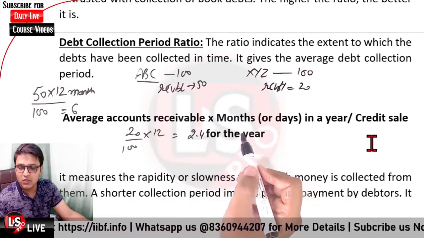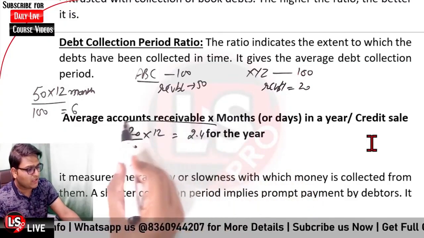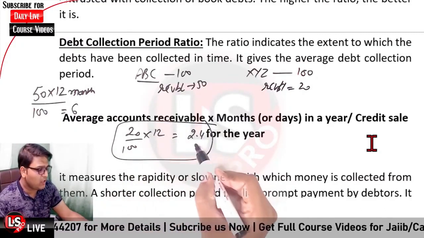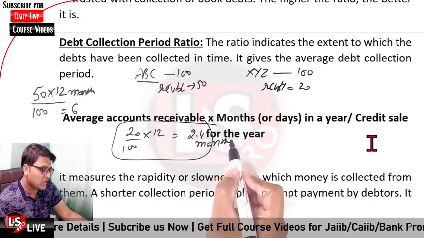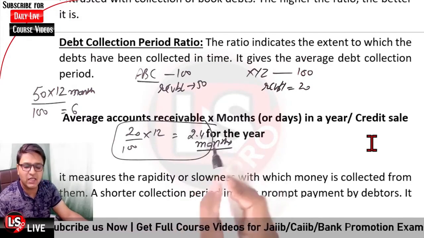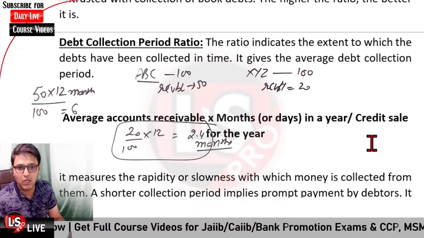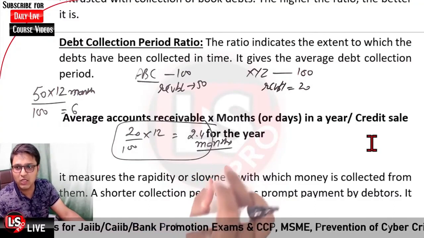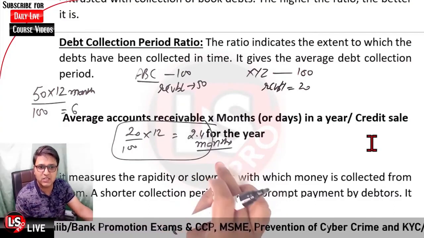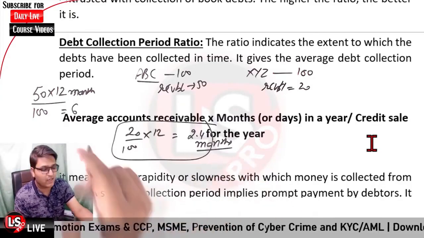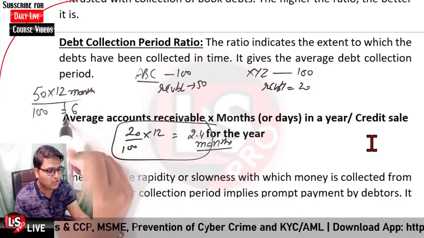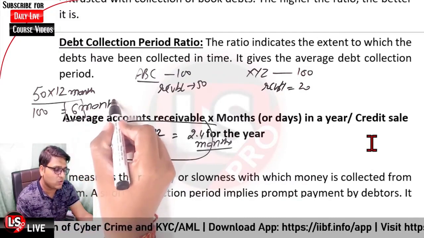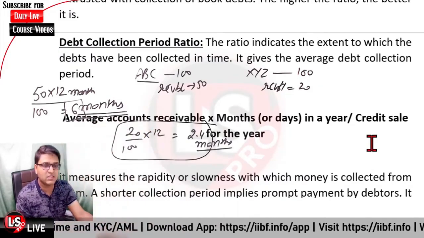So in this case, you are able to recover your account receivables on average in 2.4 months in XYZ, whereas in firm ABC you are able to recover them on average in 6 months.